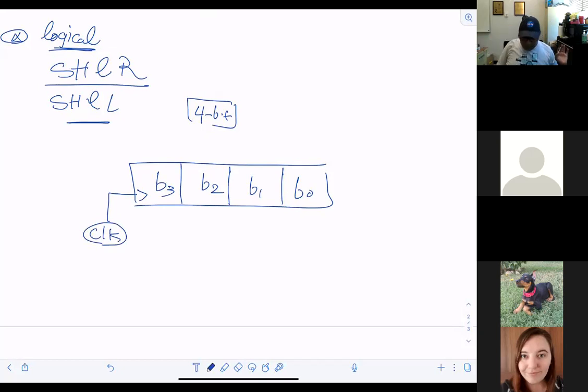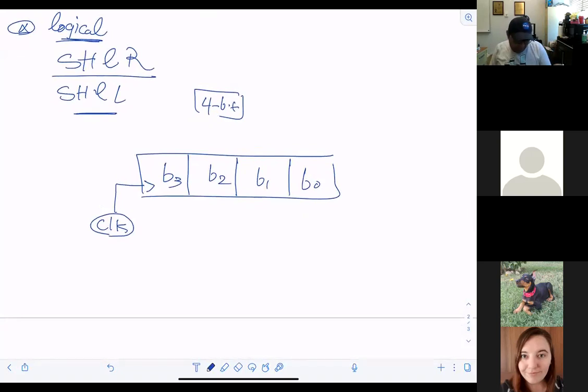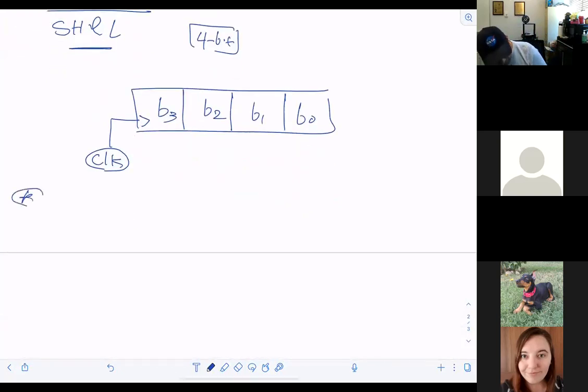Okay. So now if I would like to logically right shift, that means I'm shifting towards the right. So rules in the shifting, right?